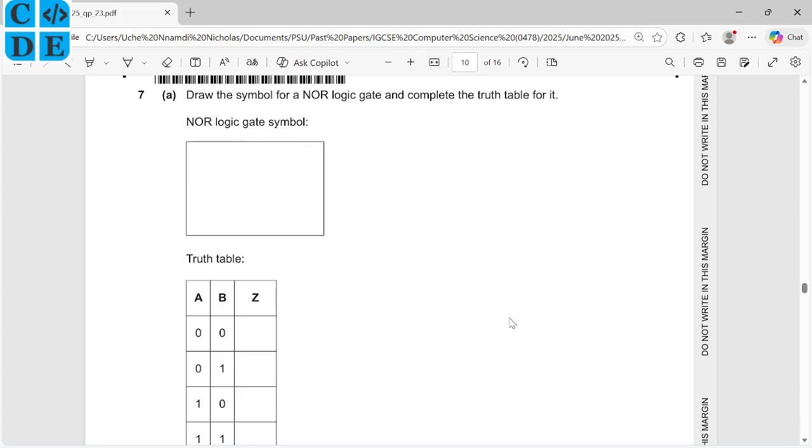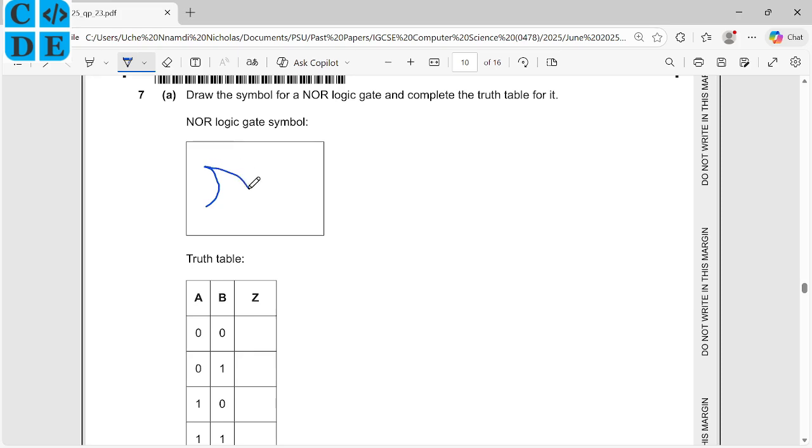Thank you. Let's continue. Draw the symbol for a NOR logic gate and complete the truth table for it. So that is the space for the drawing. So I'm just going to draw this with my touchpad. Okay, so don't expect a perfect drawing. So it has a curve like that, and then another longer curve.